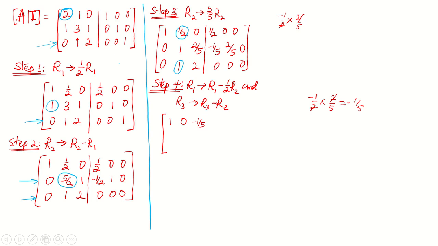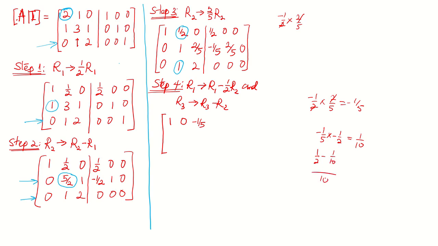All right. Then minus 1 over 5 times minus 1 over 2. That's equal to plus 1 over 10, right? And then we're going to subtract 1 over 10 from 1 over 2. So 1 over 2 minus 1 over 10.